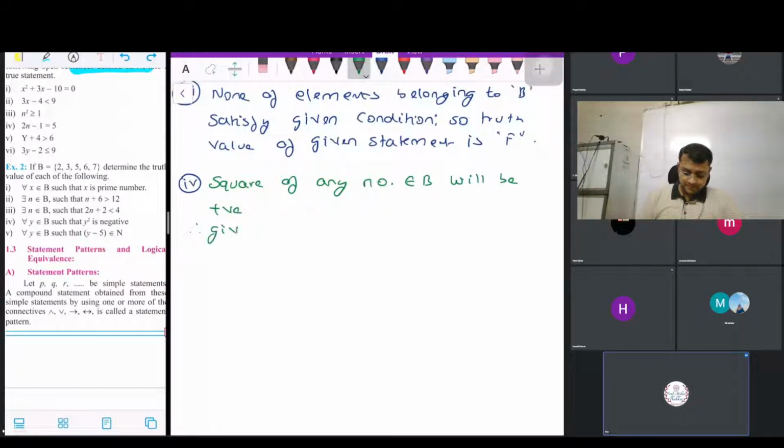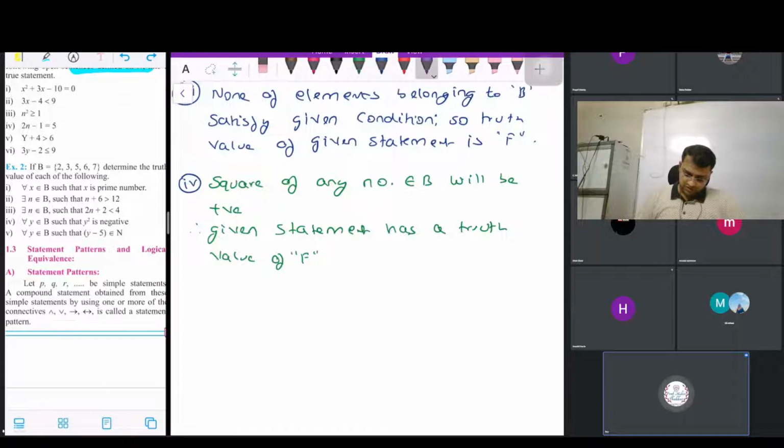Therefore, the given statement has a truth value of false. Okay, that's it.